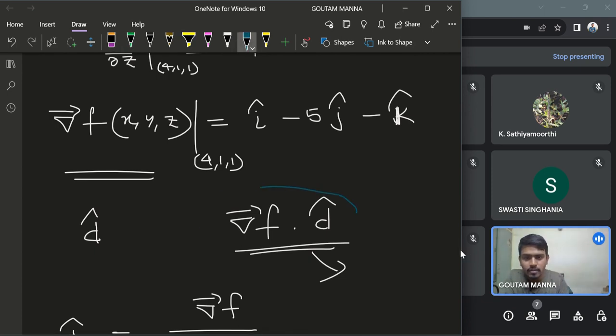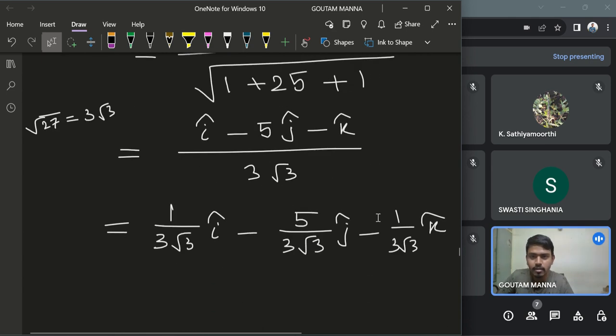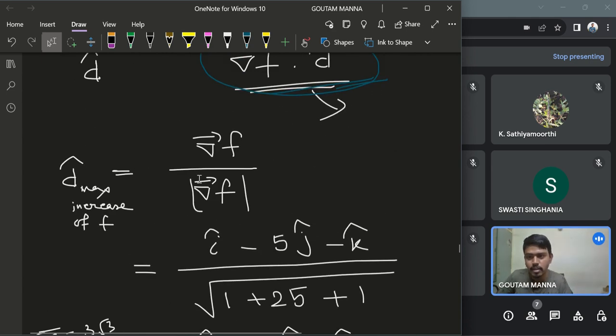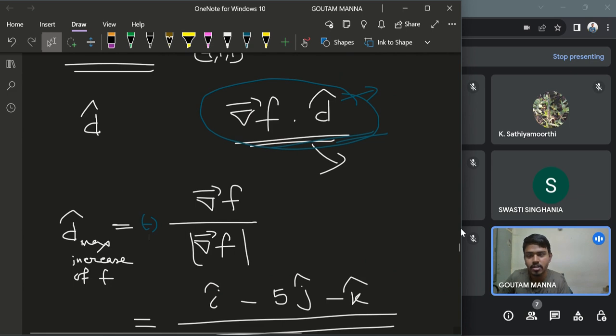So this value will be maximum if we are doing the directional derivative along the direction of grad f. Basically, this is the unit vector along the direction of grad f. Now it will be minimum if it is in the opposite direction, so there will be a minus sign here, because then the directional derivative along that direction will be the minimum value.